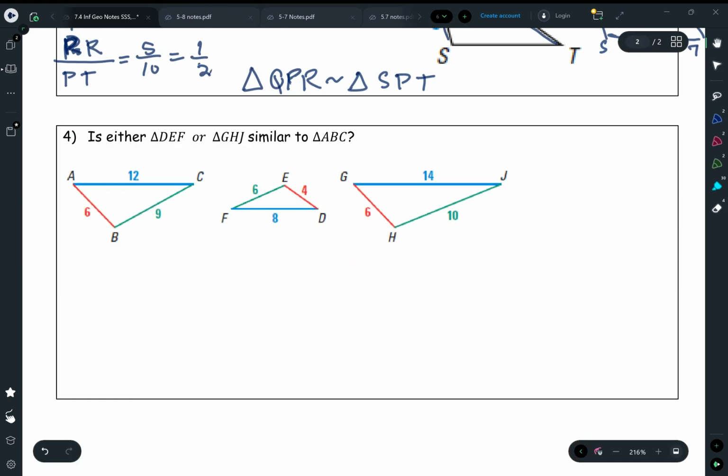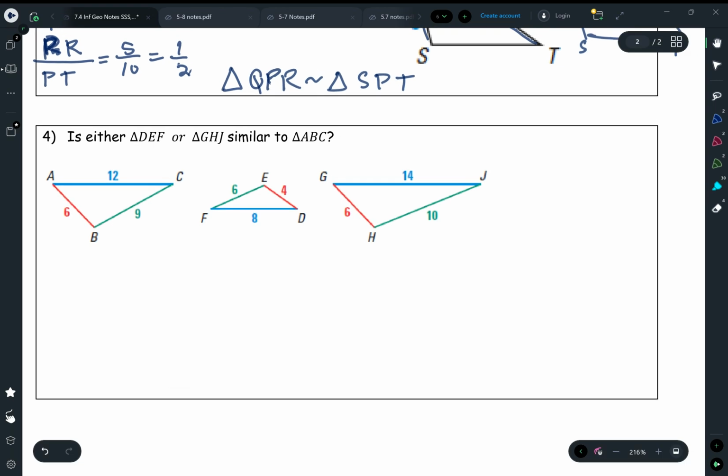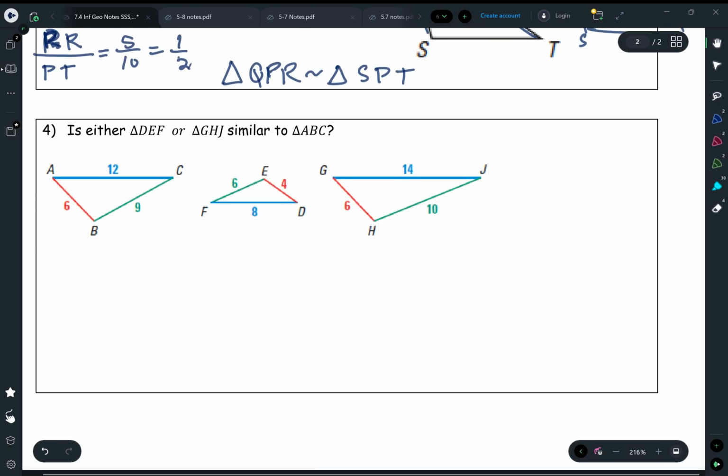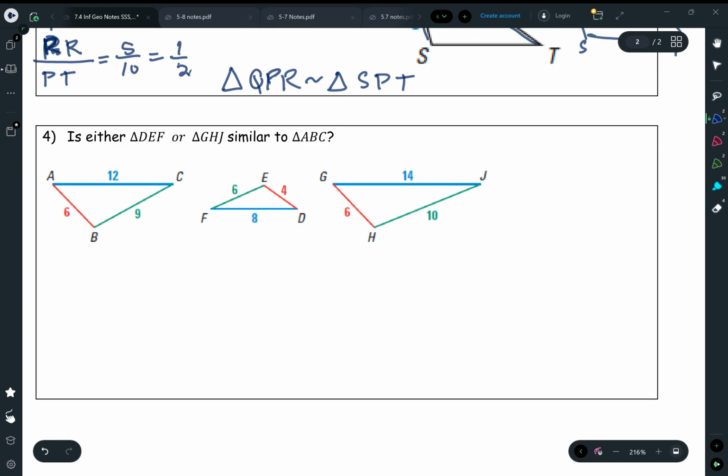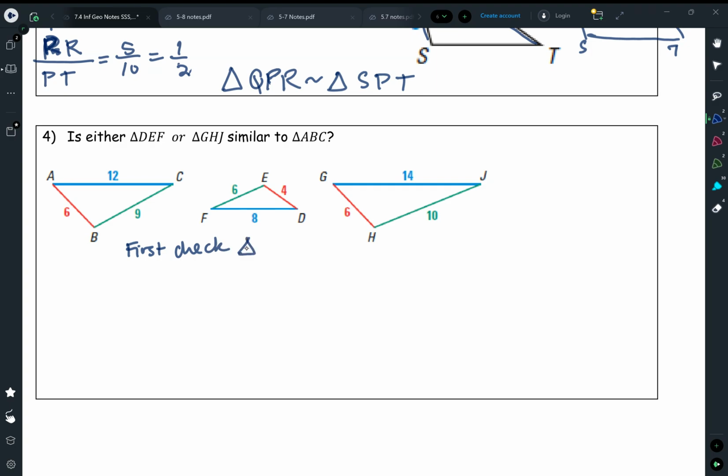Last one. Are either of these triangles congruent to ABC? So ABC is the one that I want to compare to. So first we're going to check DEF. And to set up the ratio, a good way to do it is to take biggest side to biggest side, smallest side to smallest side, medium side to medium side.